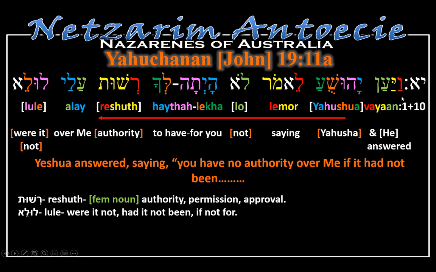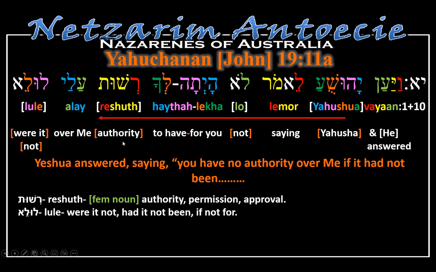So let's read. Vaya'an, and again it is, and he answered. There's no pronoun. Then who answered? Yeshua, lemor, saying, lo not, and this is hayta, to have, it can be, lecha, to you, reshut, authority. So if we look down here, reshut, as a feminine noun, means authority, permission, approval.